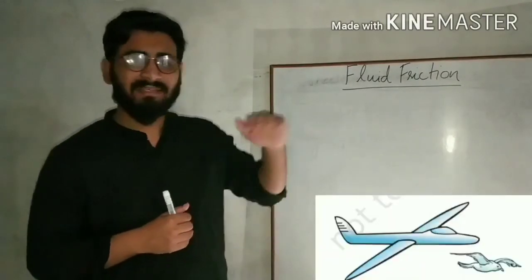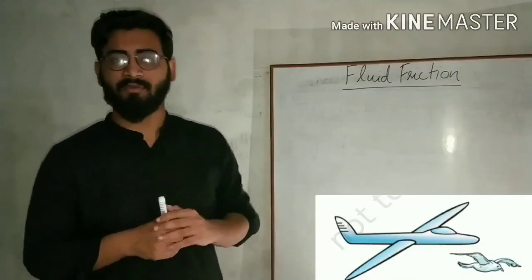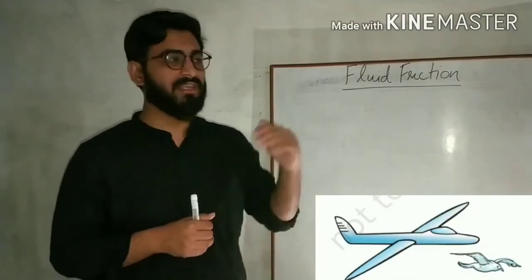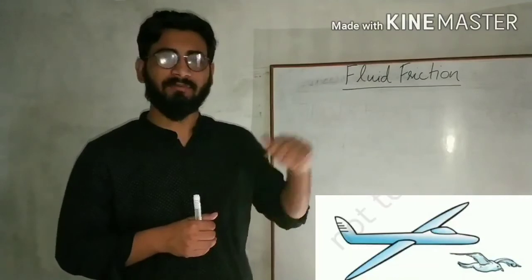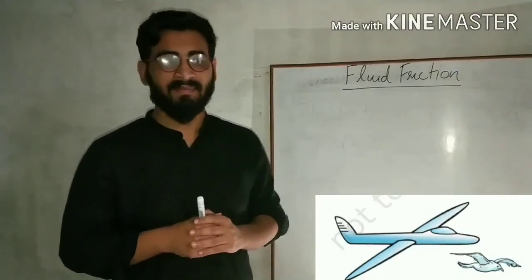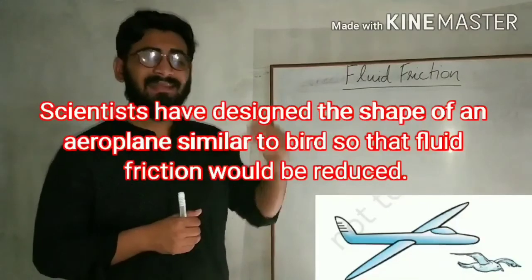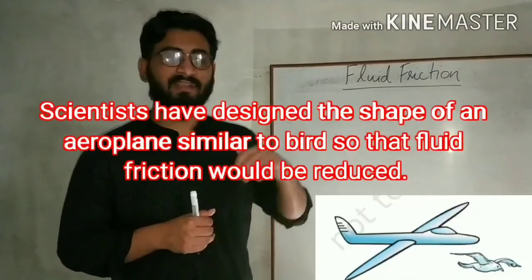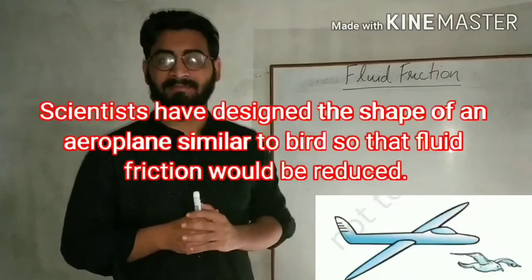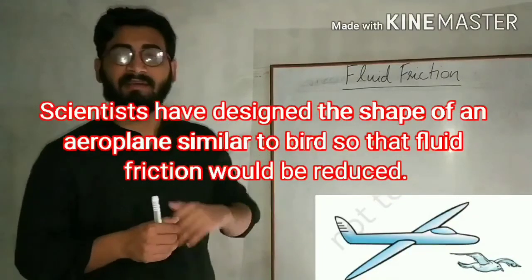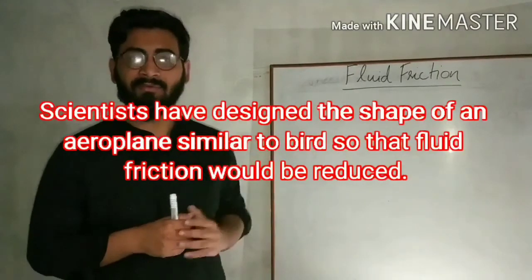Now if you look at the shape of an aeroplane, do you find any similarity between the shape of an aeroplane and the shape of birds? Yes, their shapes are quite similar. Scientists have designed the shape of an aeroplane similar to the shape of a bird, so that the fluid friction gets reduced.